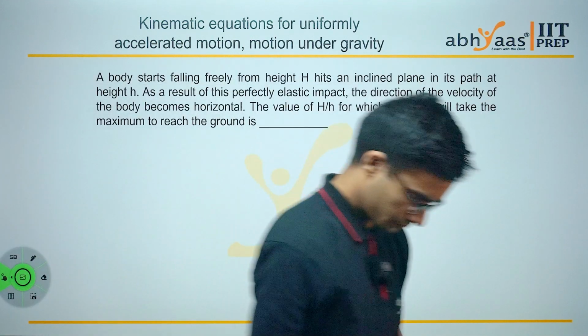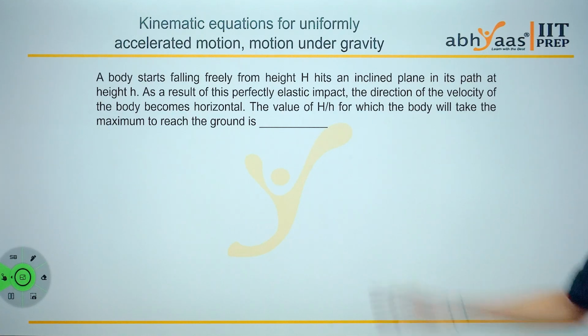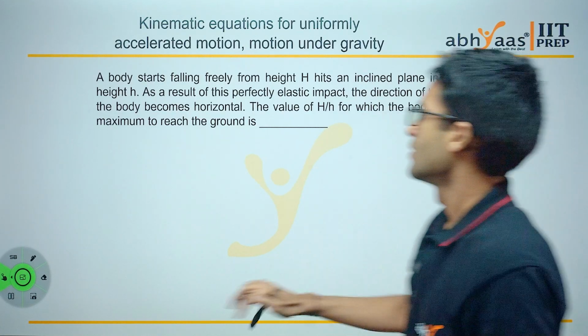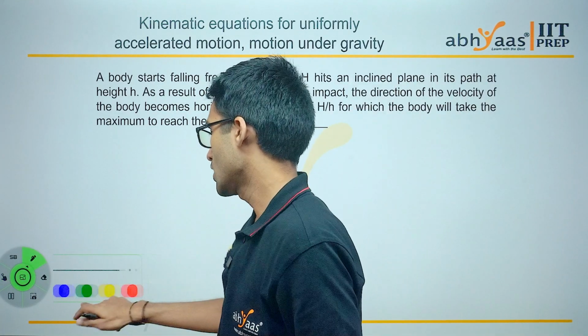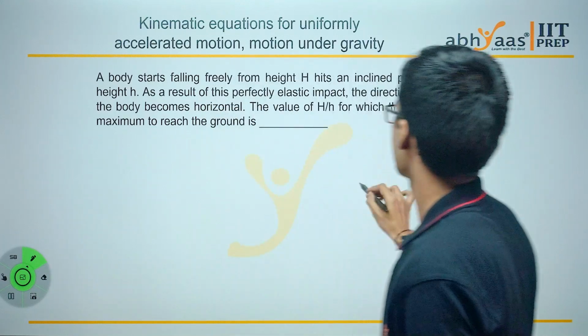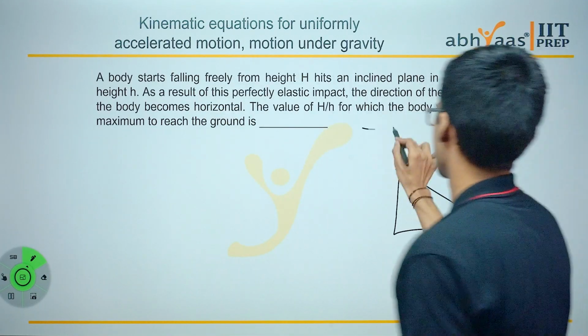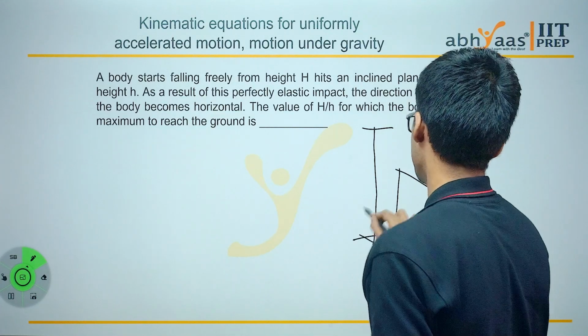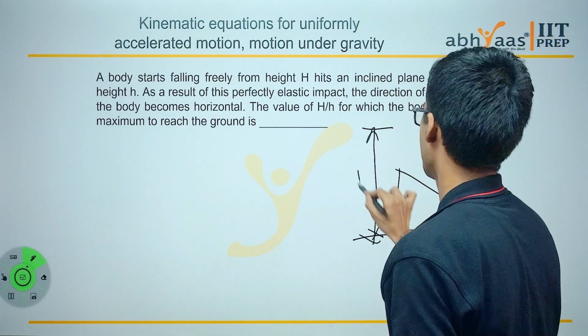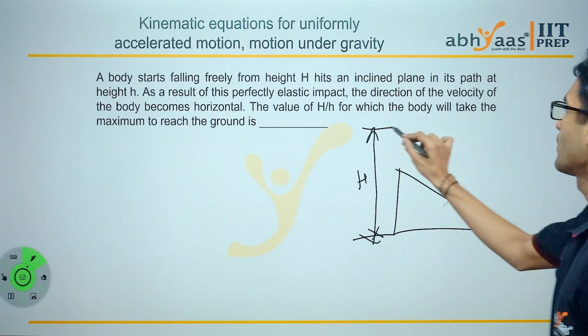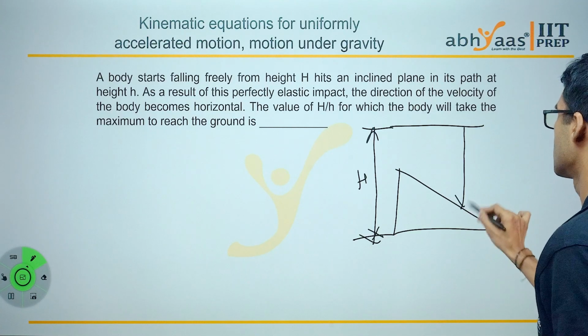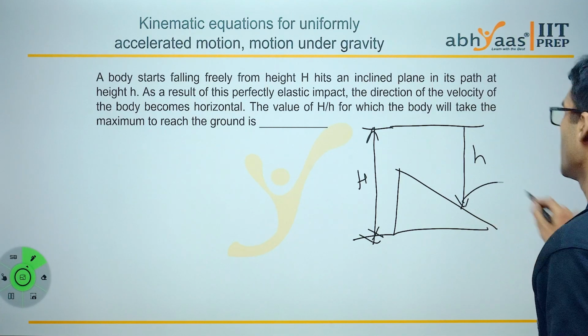So here is another problem where a body starts falling freely from the height H. Total height H. It hits an inclined plane at a height h. But what happened? It hits the inclined plane like this. After that it is jumping like this.